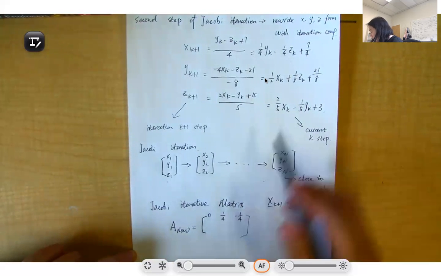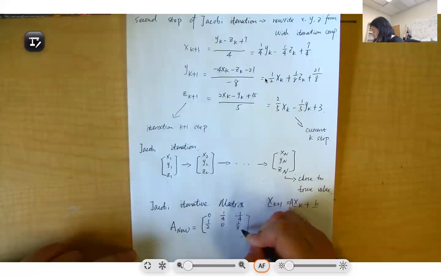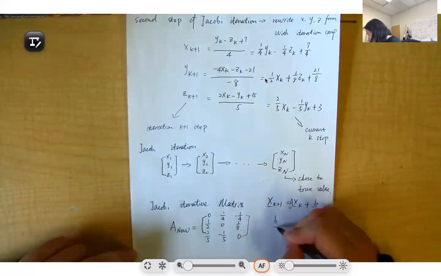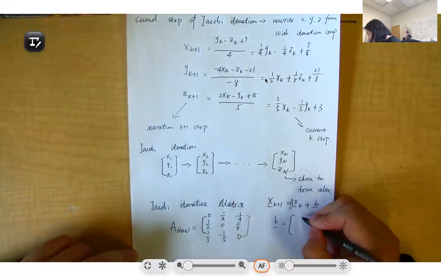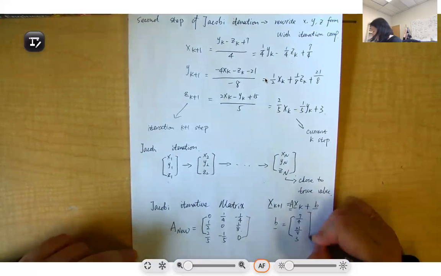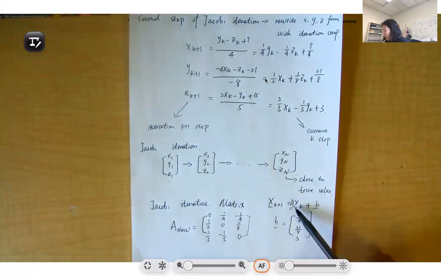The second row will be 1/2, 0, 1/8. The third one will be 2/5, minus 1/5 and 0. The B will be equal to 7/4, 21/8, 3. Okay, so this is our A matrix, B matrix, and the looping is multiplying whatever the starter is, going to the next value.